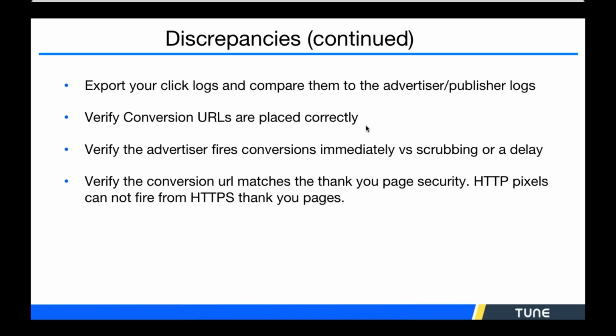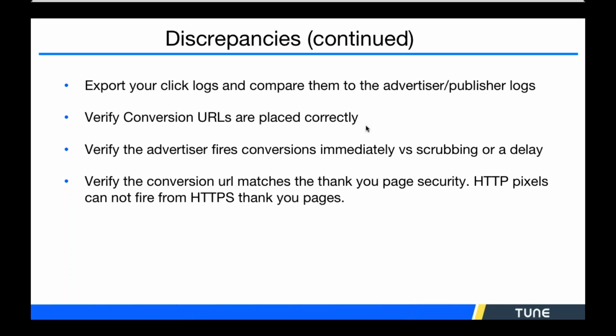If you're using server postback tracking, you're going to want to make sure that the macros line up and that the advertiser is firing that postback URL from their server. It's very difficult within a troubleshooting class to go over all the intricate setups of conversion URLs. So this is a very high level overview of ways that you can ensure that these are placed correctly.